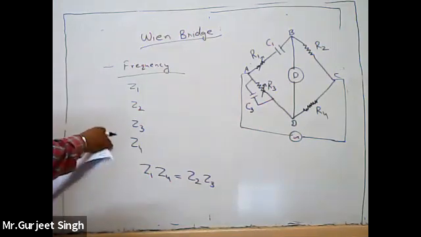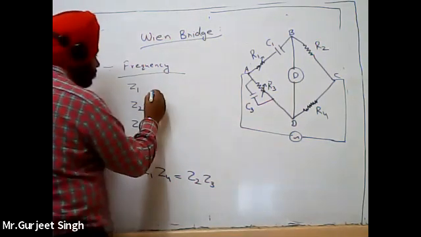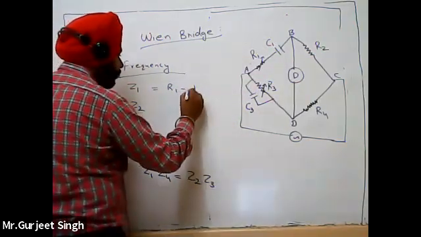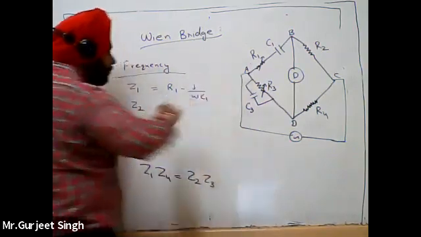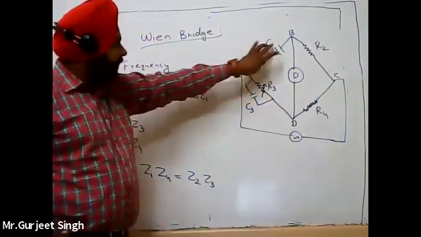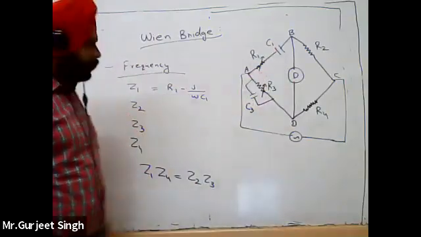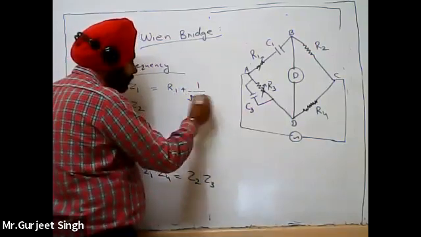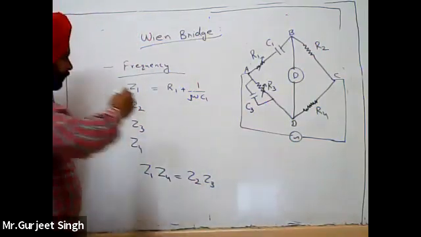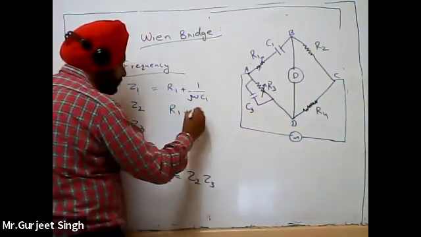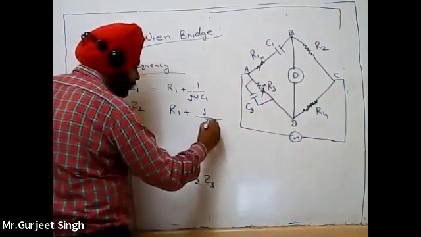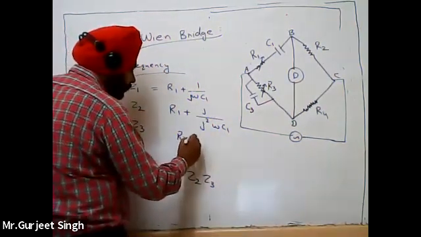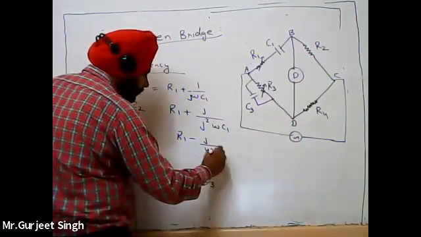First of all we will find Z1. R1 and the capacitor are in series, so Z1 is R1 plus 1 upon j omega C1. When I write R1 plus 1 upon j omega C1, using j square equal to minus 1, this becomes minus j omega C1.